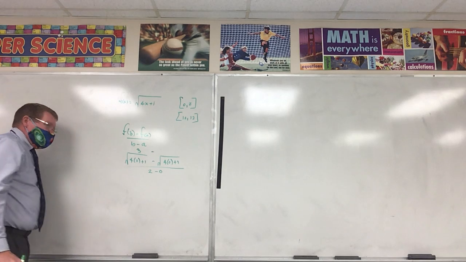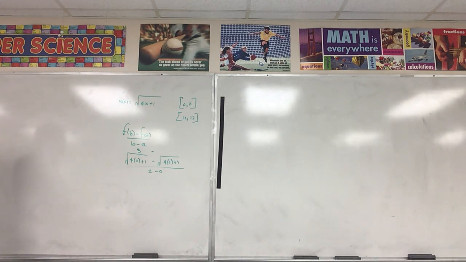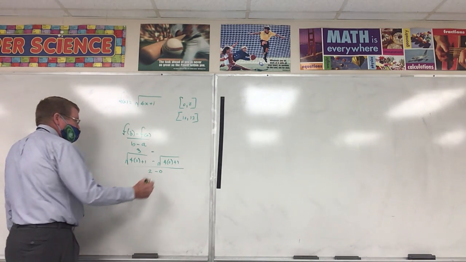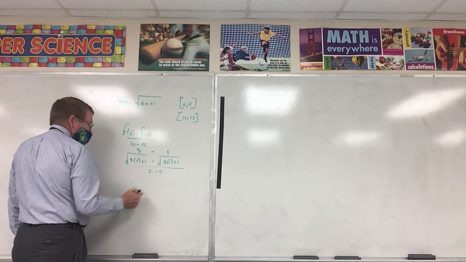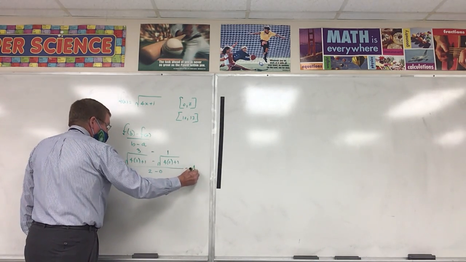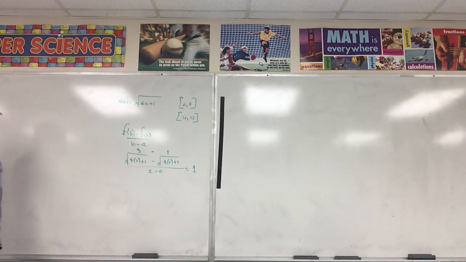Minus 4 times 0 is 0, plus 1 is 1, square root is 1. So we get 3 minus 1 over 2, which is 1. So my average rate of change between 0 and 2 is 1.